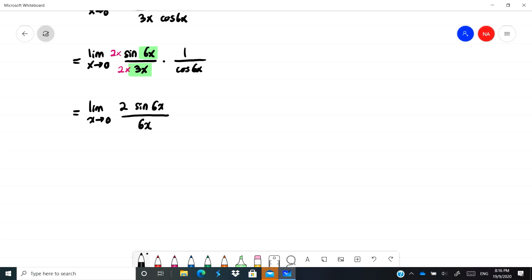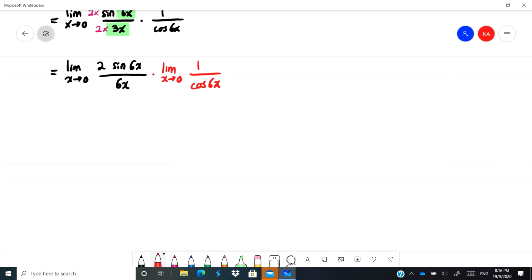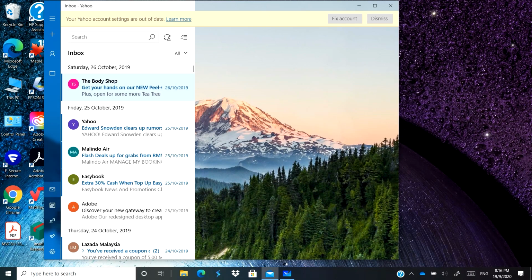I want to distribute the limit here and also here, because using the property of the limit we can distribute if it involves multiplication. So we'll have limit as x approaching 0 of sine 6x over 6x multiplied by limit as x approaching 0 of 1 over cos 6x. Again, we can take out this term.